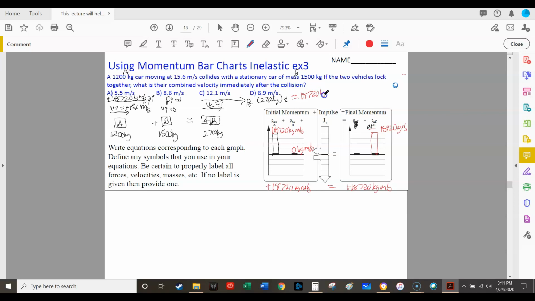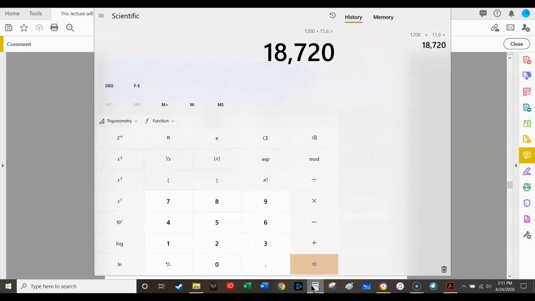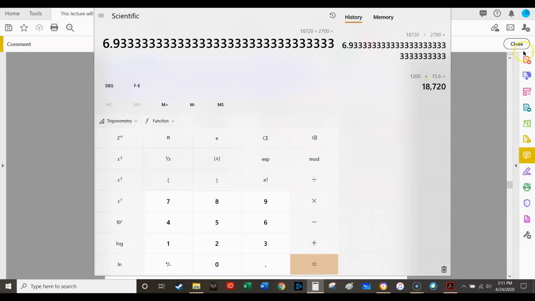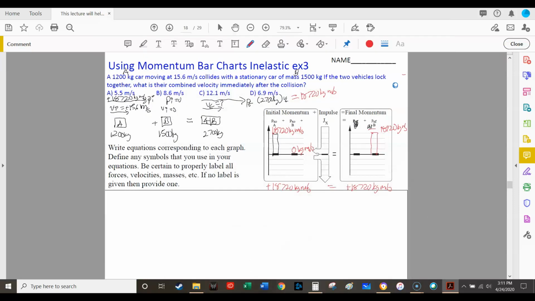So whatever the final velocity is, it's going to be 18,720 kilogram meters per second divided by 2,700 kilograms. So it looks like the final velocity is going to be around 6.933, so V final equals 18,720 kilogram meters per second over 2,700 kilograms.